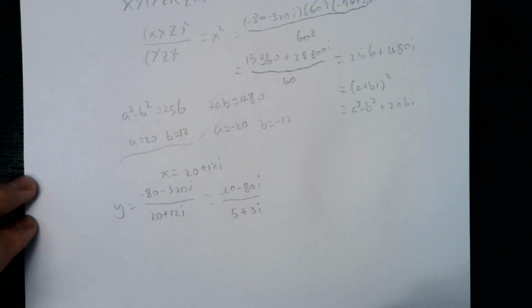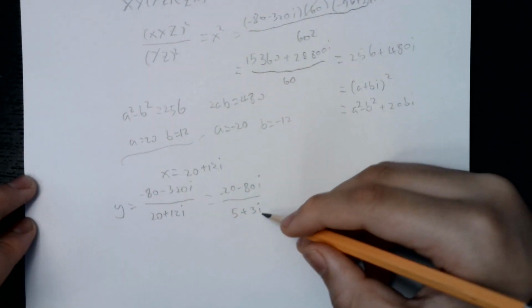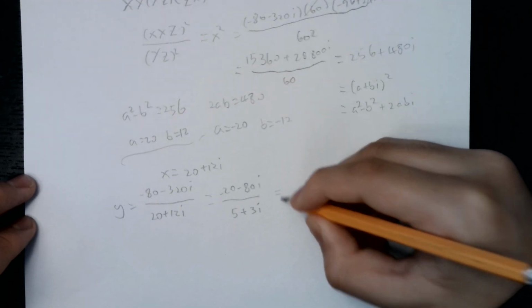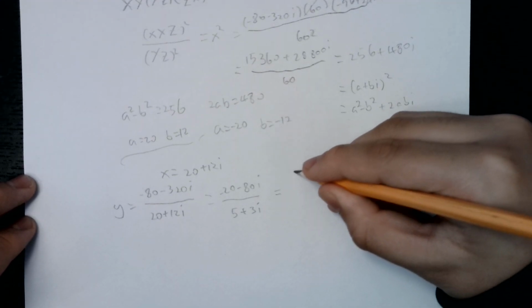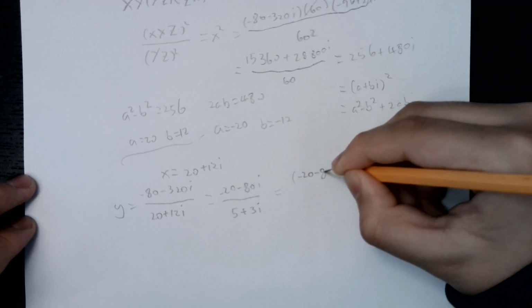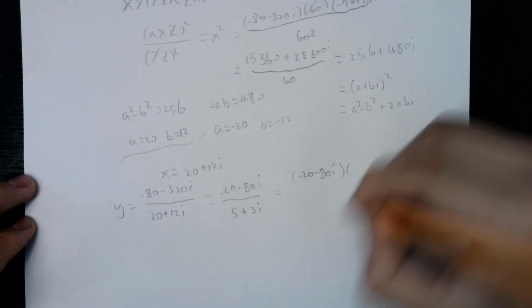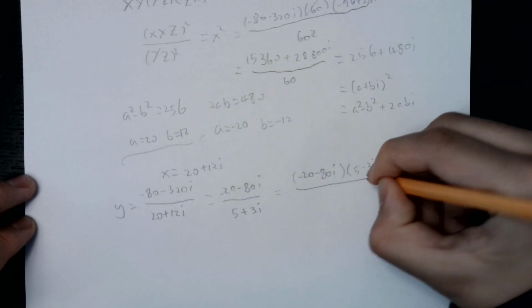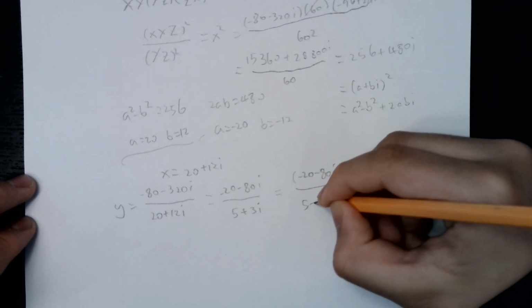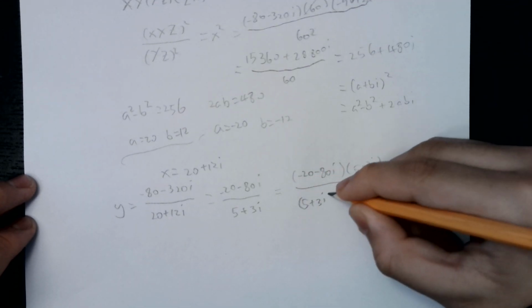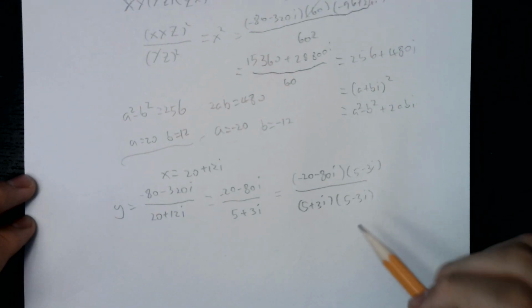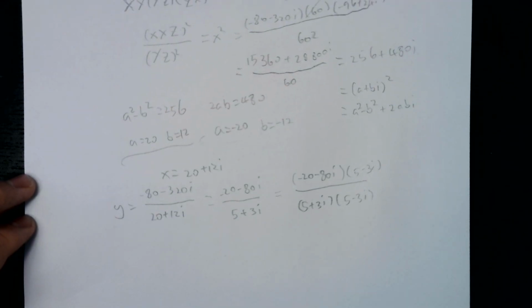Now, how do you conjugate this? Well, it's pretty simple, actually. We're going to multiply both sides of this by 5 minus 3i. So we get negative 20 minus 80i on top, multiplied by 5 minus 3i, divided by 5 plus 3i multiplied by 5 minus 3i. And the reason we do this is because the bottom will then be a real number.